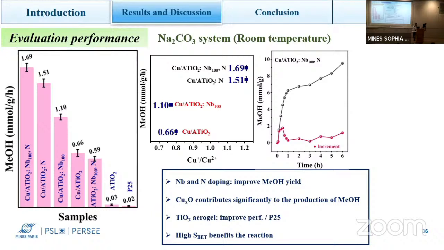Here, the result is very interesting. So we see a kind of rejection of the copper at the surface when we increase niobium inside the matrix. Yes. And regarding the copper, how can you explain the reduction of the copper?